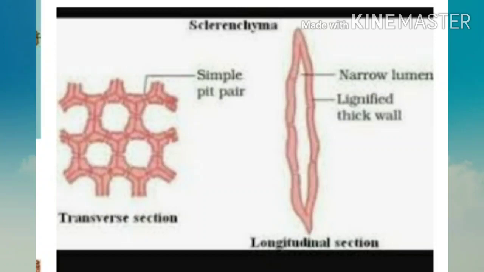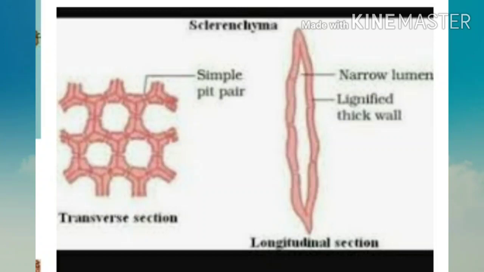Location of sclerenchyma. It is found in mature parts of the plant like in wood, bark, etc. Now, the function of sclerenchyma. It provides a rigid mechanical and structural support to the plant. This all is about the simple permanent tissues.